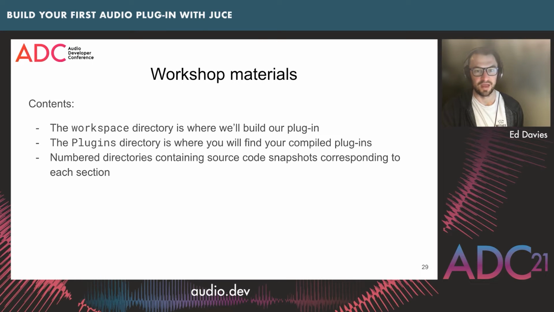And there's finally this workspace directory, which we'll talk a bit about later, but that will be where you'll be building the plugin from. So at the moment, it contains the first step of the plugin. But if you need to reset at any point, you can just copy over the number directory into the workspace directory and start again.